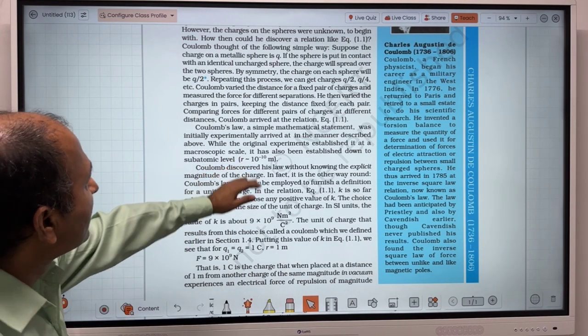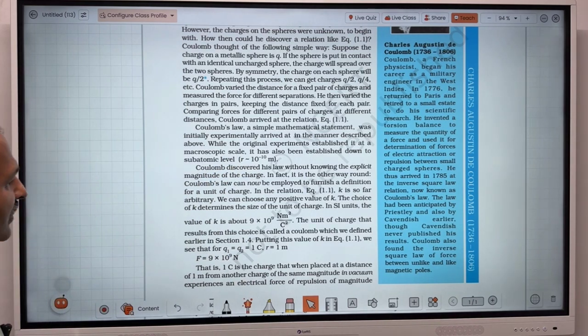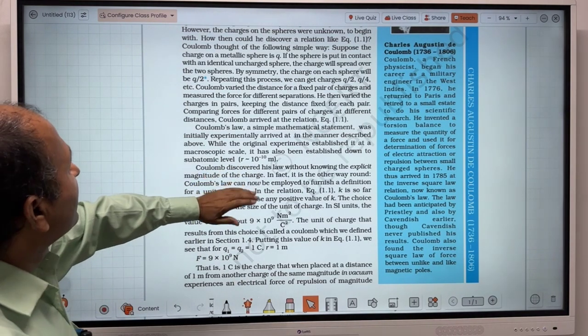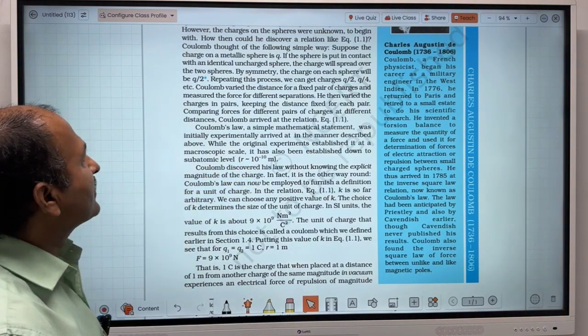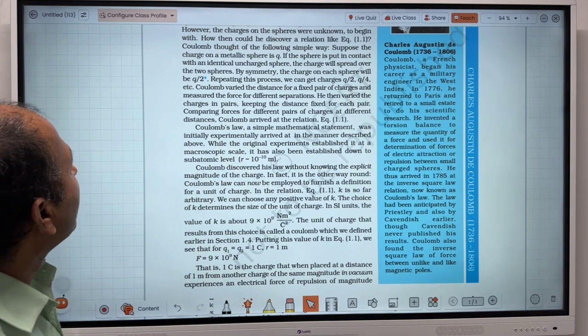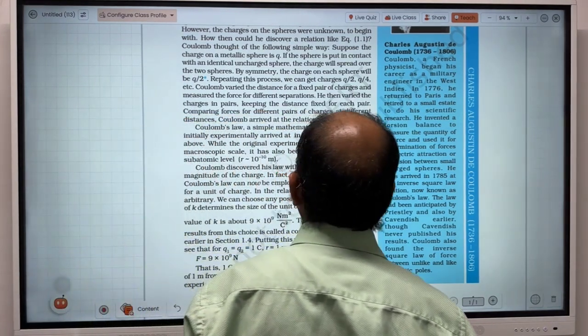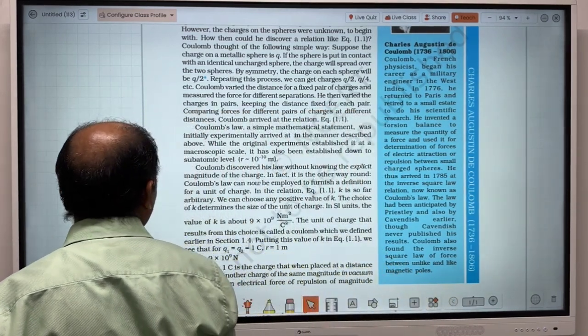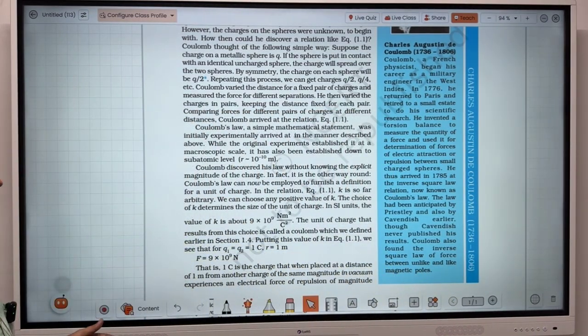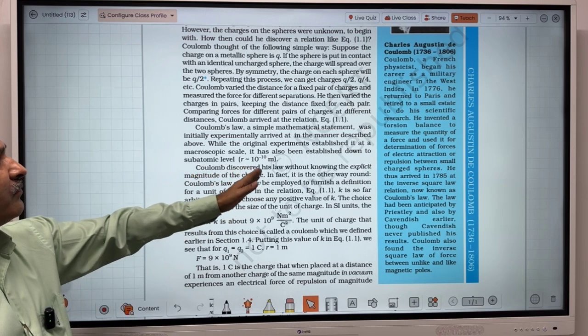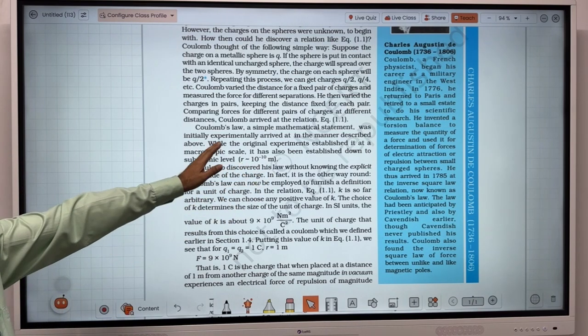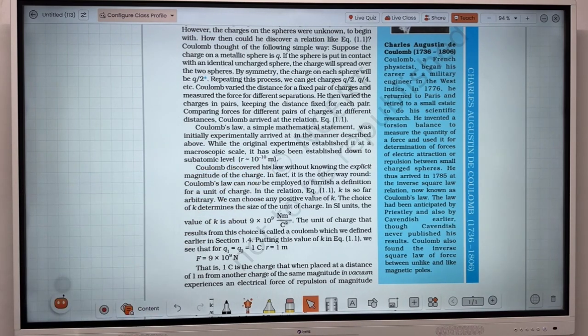So this tells the validity, meaning even at the subatomic level Coulomb's law is valid. If the distance is large, it is still valid. So sometimes the question comes, what is the range of Coulomb's law? You can say that starting from the subatomic level, it is valid at any level.